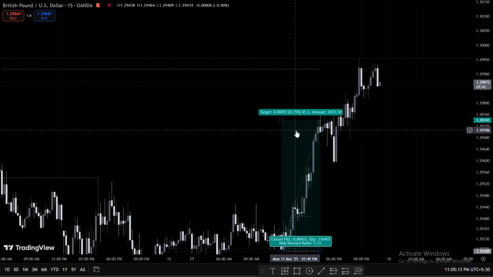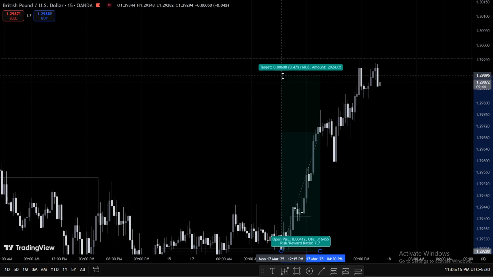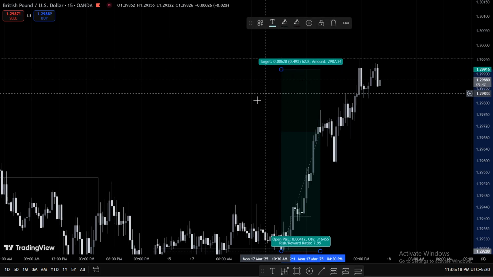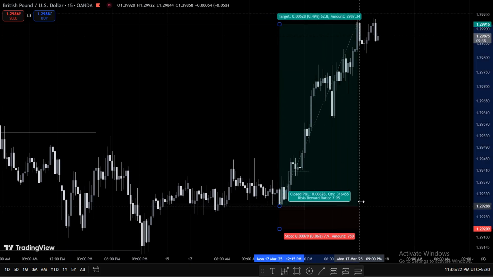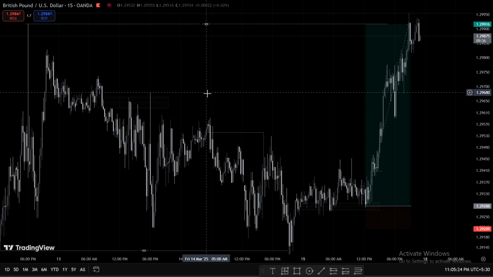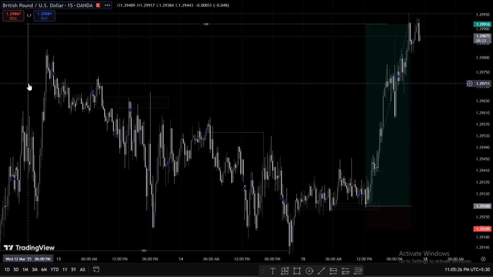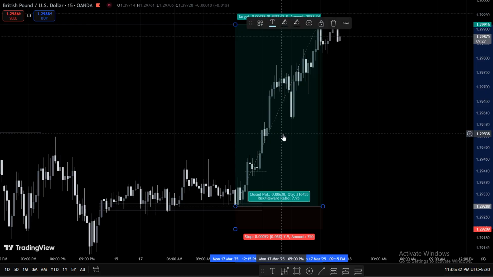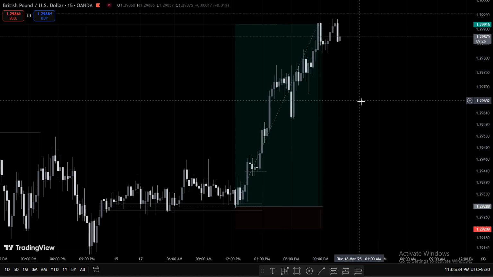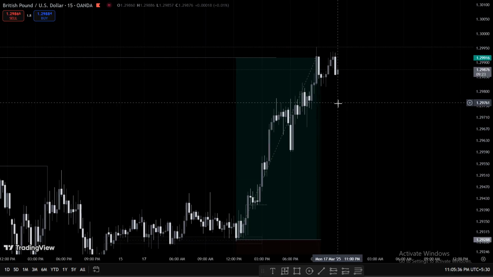And we could have held it to take the buy side liquidity formed on 12th, but that is what it is, and this would have been ultimately a 1 to 8 risk to reward trade.